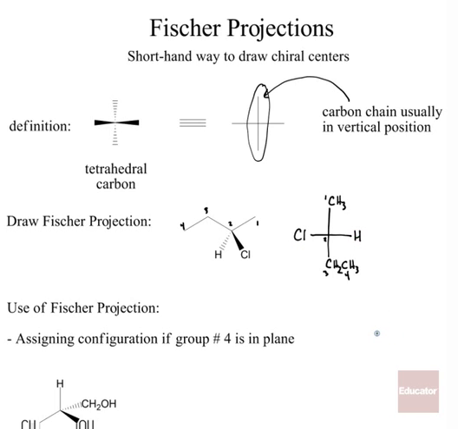And that would be an accurate Fischer projection. Now, that's great if you have a model and you can pick it up and move it, okay? But if we don't have a model, I think another good strategy is, rather than picking up the model and moving it, we can pick ourselves up and move our point of view. So if we were to leave this molecule in the plane as drawn, what would be the perspective that I would need to take to view this molecule so that I see this picture, with the chlorine and the hydrogen projecting out toward me and the methyl up top?